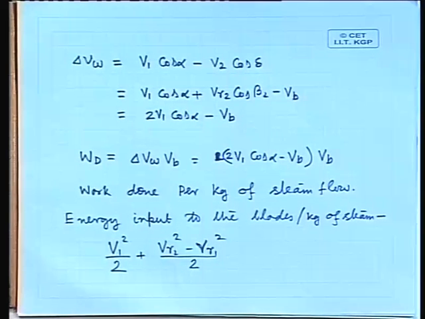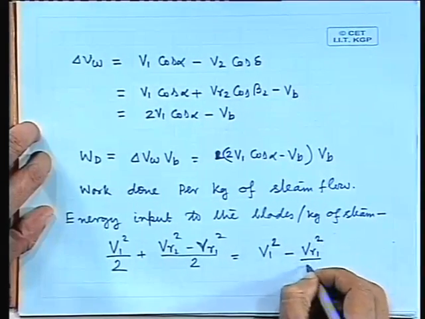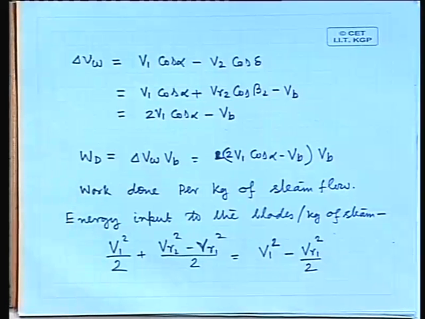So, this we will have. Now, if we remember that Vr2 is equal to V1 for 50% reaction, so we can have from here V1 square minus Vr1 square by 2. That is the energy input to the blade.